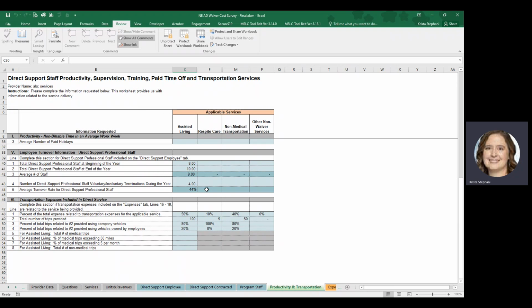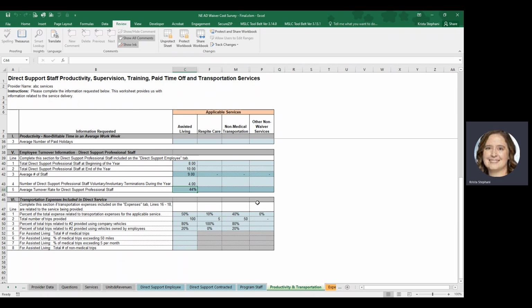And to give us an idea of what is happening, please provide us with the number of your direct support professional staff at the beginning of the year, the number of direct support professional staff at the end of the year, and we'll calculate an average number of staff. Then please indicate the number of direct support professional staff terminations, whether they were voluntary or involuntary during the year. And that will help us calculate an estimated turnover rate for your direct support professional staff.